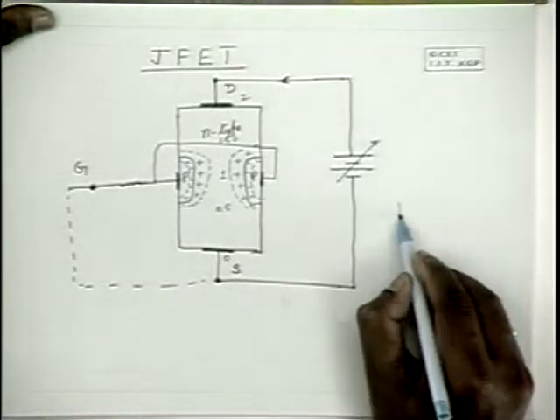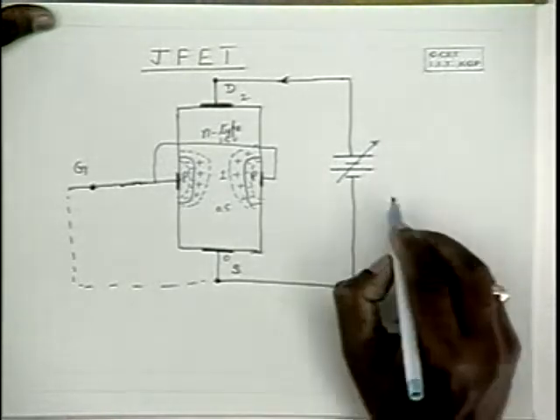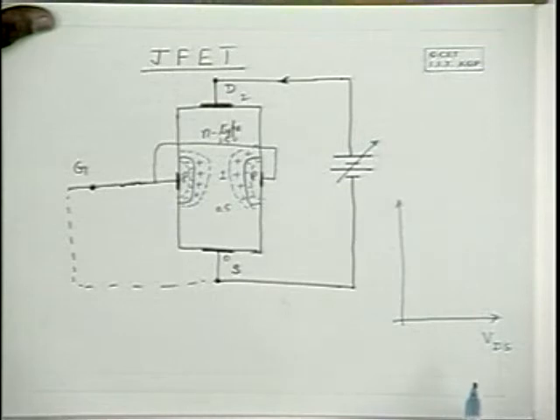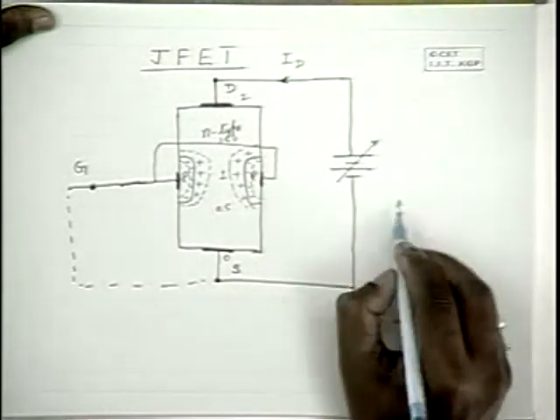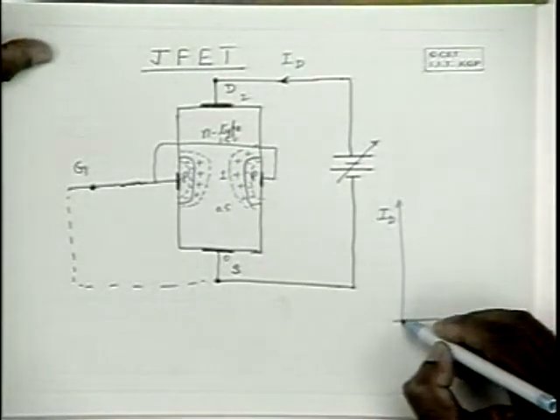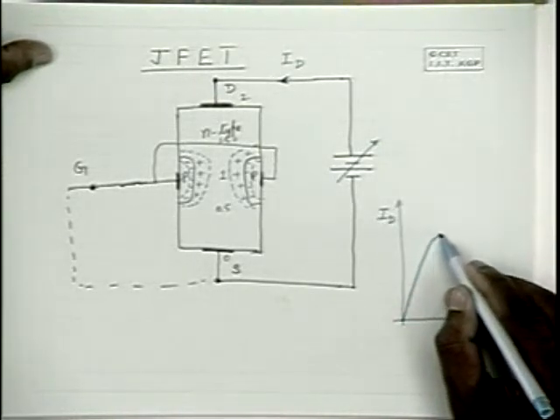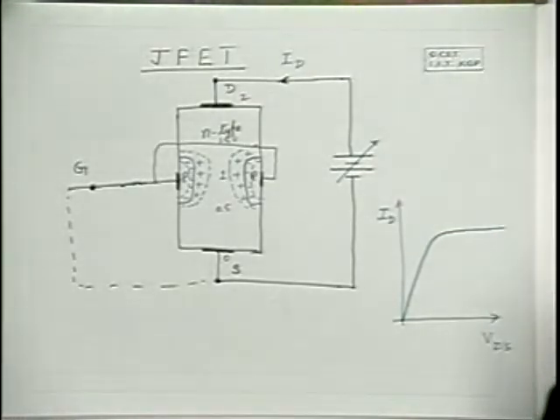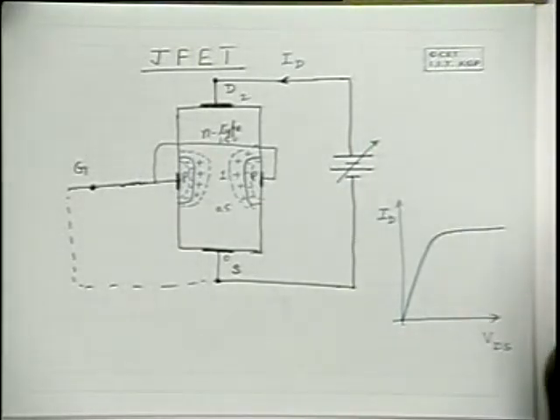Hence, the voltage current relationship, so this is VDS, drain to source voltage that is applied. This is the drain current. If you plot the drain current versus drain to source voltage, you will find that it increases initially up to a certain level, and after that the current remains constant irrespective of an increase in the drain to source voltage.